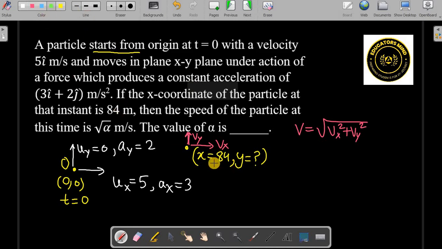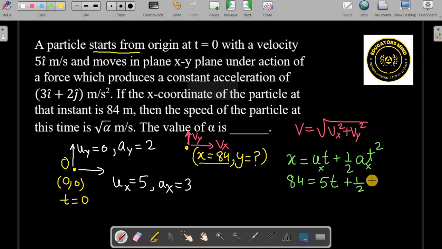So how to calculate? First of all, they have given this information 84. So let's use that. X is equal to ut plus half at square, right? We can use that equation. This we should use along x-axis. So all this is along x-axis. X is 84. Initial velocity along x-axis is 5, t plus half acceleration along this is 3, right? t square.